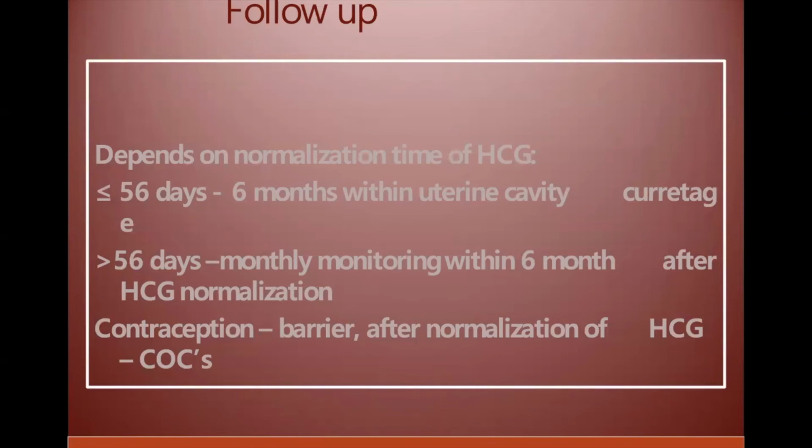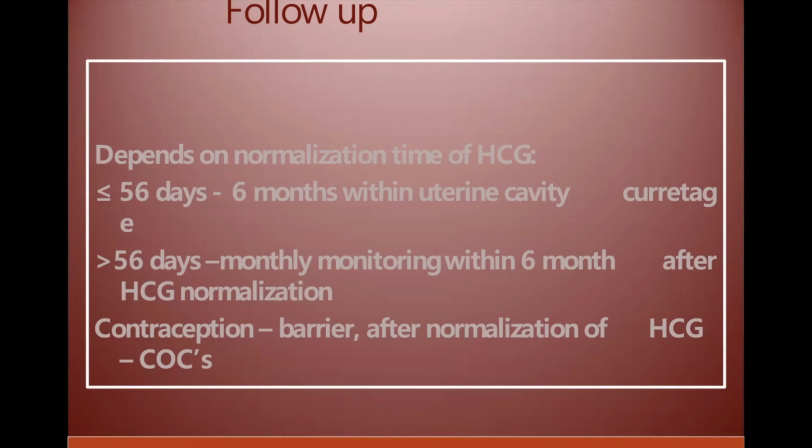If after 56 days, within 6 months, the level is still high within the uterine cavity, we do curettage. And after 56 days, monthly monitoring within 6 months after gonadotropin normalization.